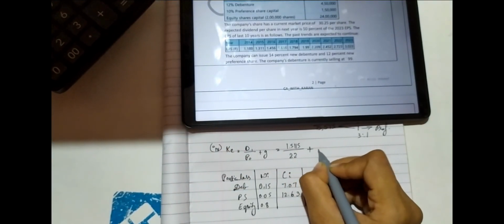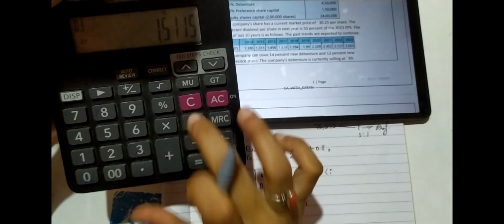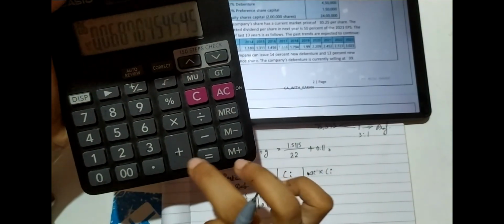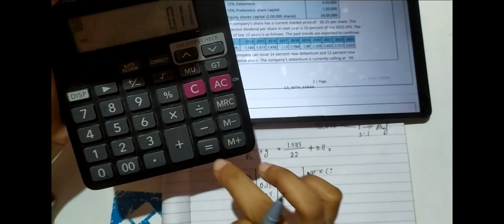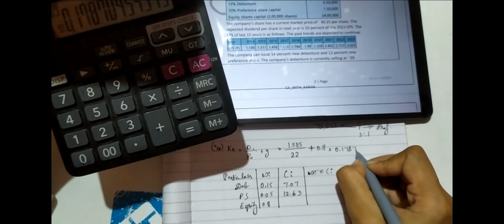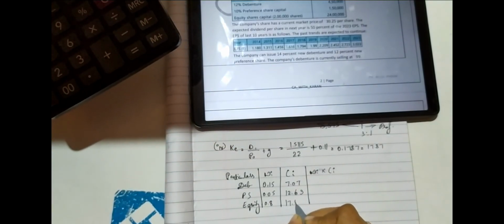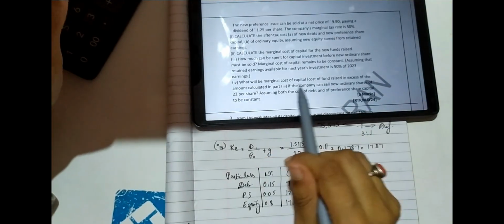Plus growth, which we have already calculated as 11%, so 0.11. So this comes out to be 1.5115 divided by 22 plus 0.11, which is 0.1787 or 17.87%.